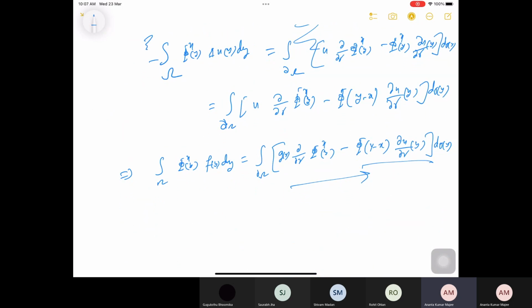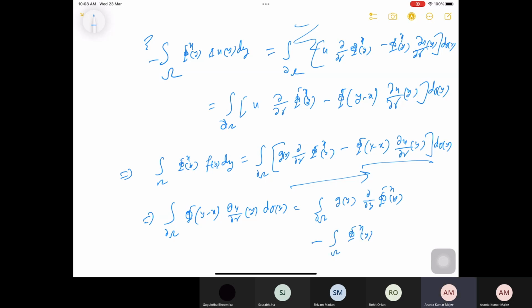So if you put the left hand side and the right hand side, this implies the integral over the boundary of omega of phi of y minus x times the normal derivative of u of y, d sigma y, is nothing but the integral over the boundary of omega of g of y times the normal derivative of phi x y, minus the integral over omega of phi x y times f of y dy.